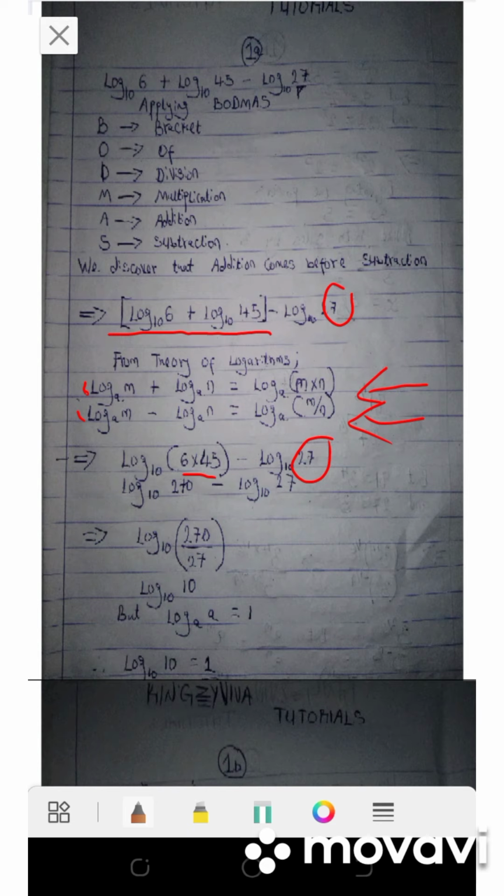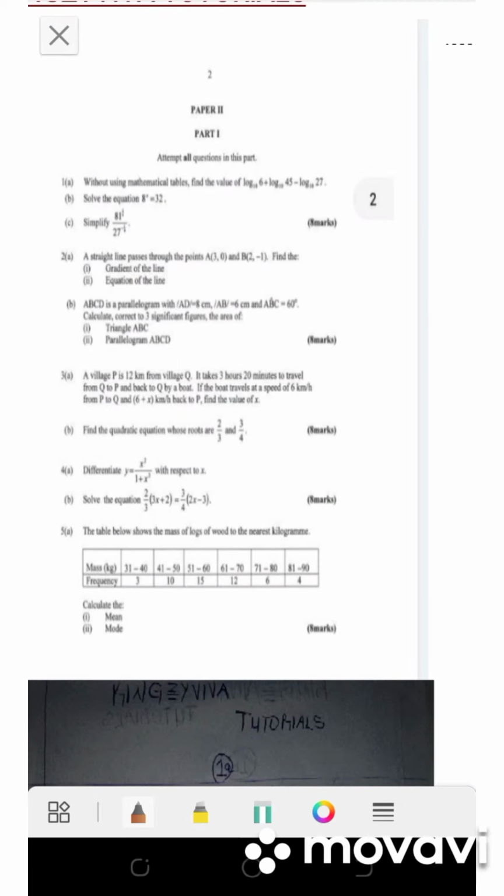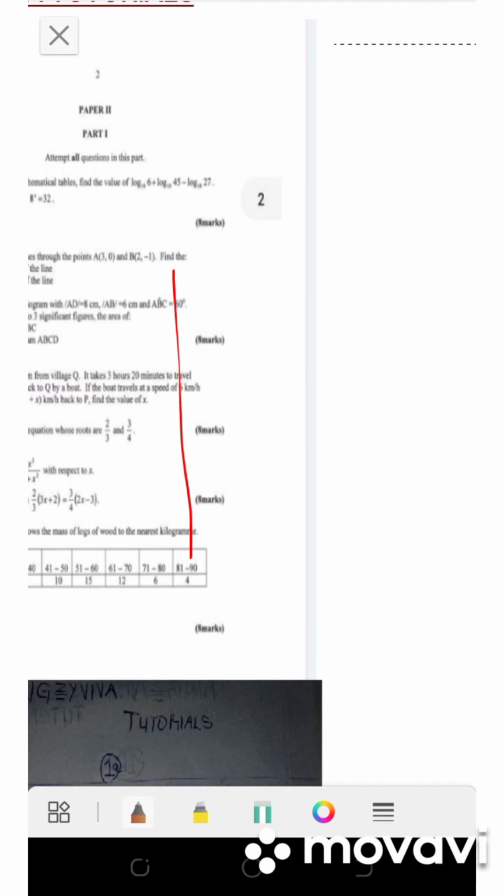If I evaluate this now, 6 times 45 will give me 270.